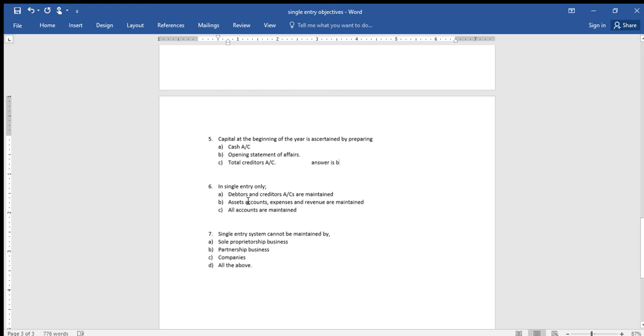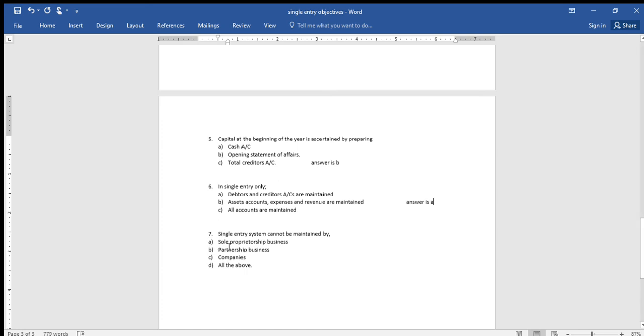In single entry, only debtors and creditors accounts are maintained; or asset accounts, expenses account, and revenue are maintained; or all accounts are maintained. The answer is A. Only debtors and creditors accounts are maintained.